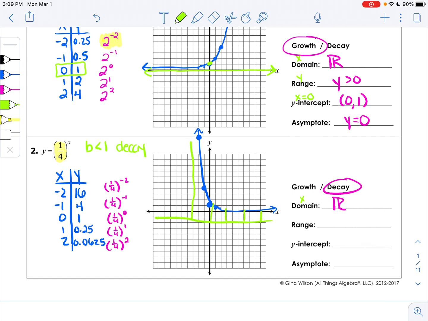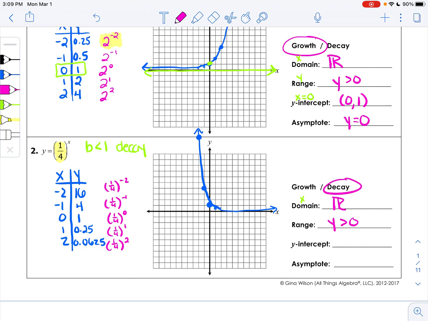Even out here where you can't see it, you know eventually it's going to hit that graph. Then your range, which is your y values. So again, this is approaching 0. It doesn't go into any of my negative y values. So none of these. It's all above 0. So my range is going to be y is greater than 0, just like with number 1.